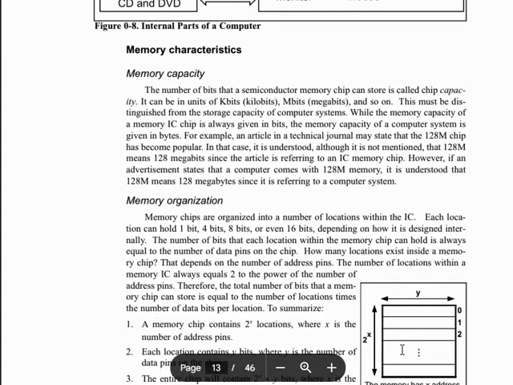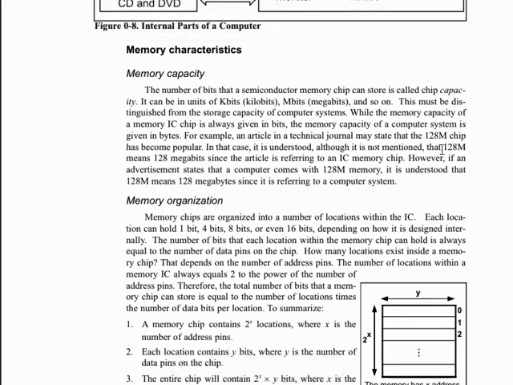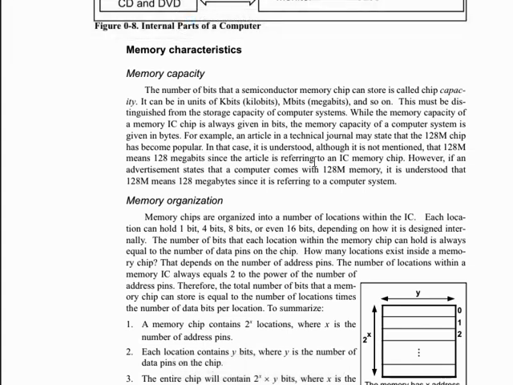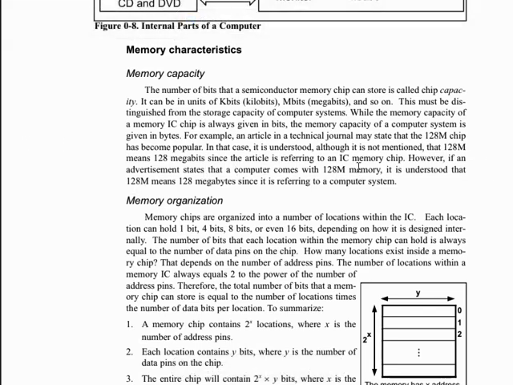Memory capacity. It tells us how many megabits or how much storage capacity a chip could hold. For example, an article in a technical journal may state that the 128 mega chip has become popular. In this case, it is understood that 128 M means 128 megabits, since the article is referring to an IC memory chip.